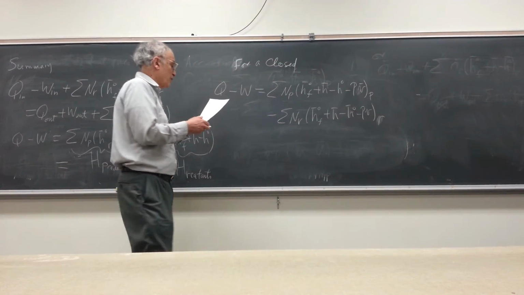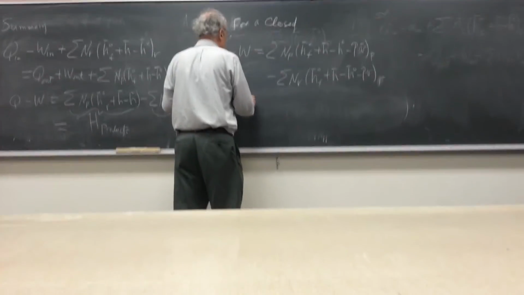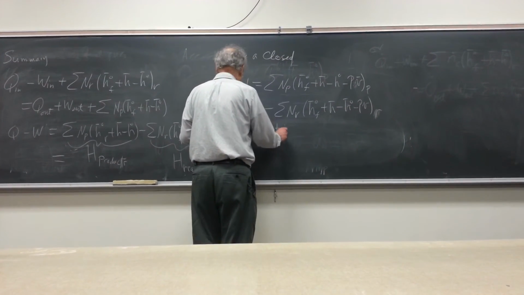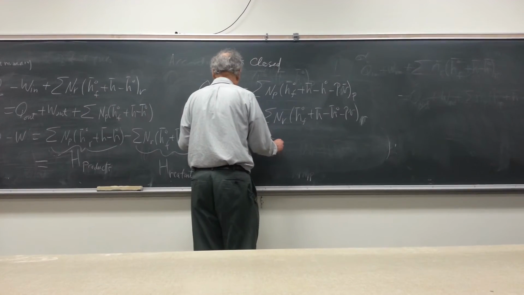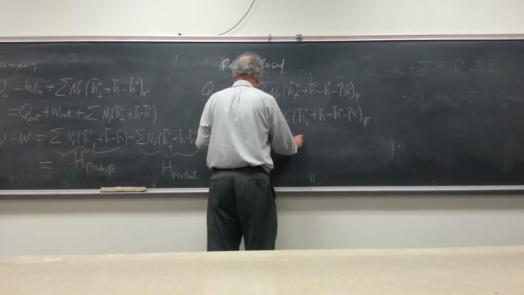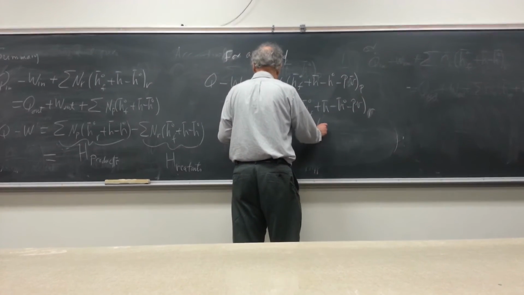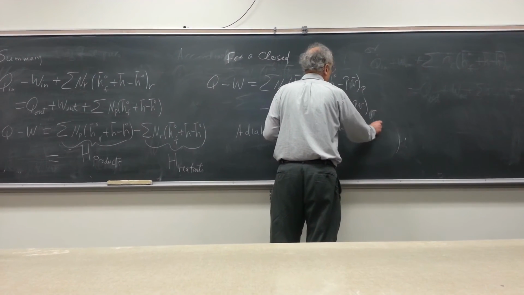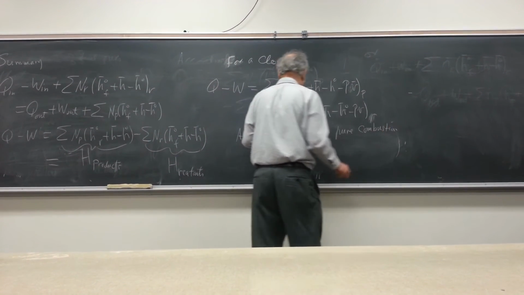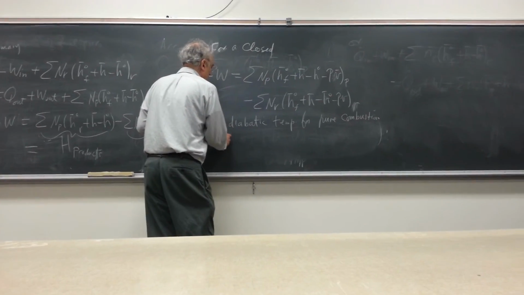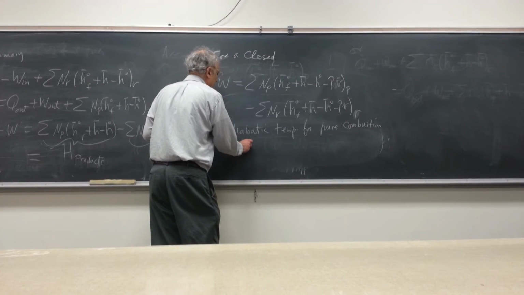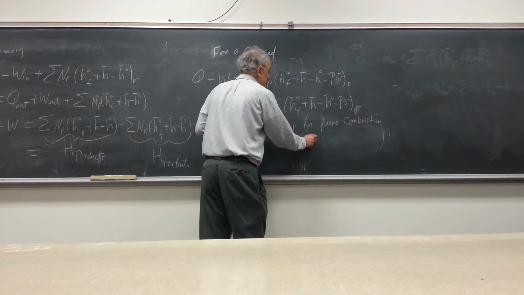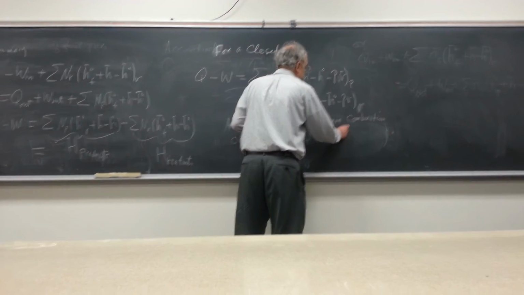Zero. So the adiabatic temperature for pure combustion is obtainable when Q is equal to 0 and W equal to 0.